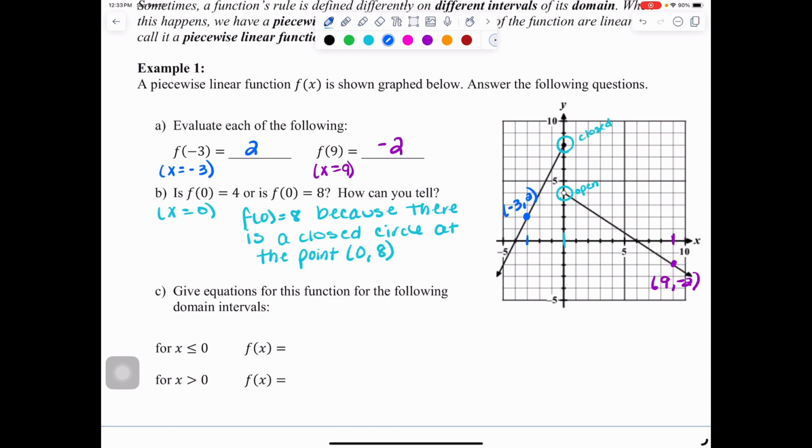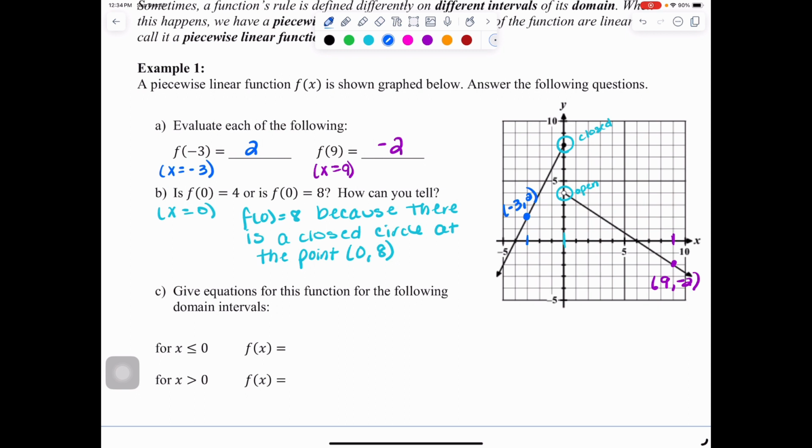The reason the first one is x is less than or equal to 0 is because that's where the filled in circle is. And the second one is x is greater than 0 because that's where the open circle is. So our job when we're writing the equation for a piecewise function is to write the equation for each piece.